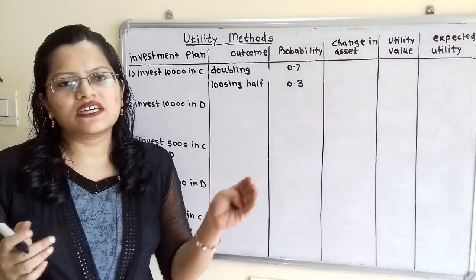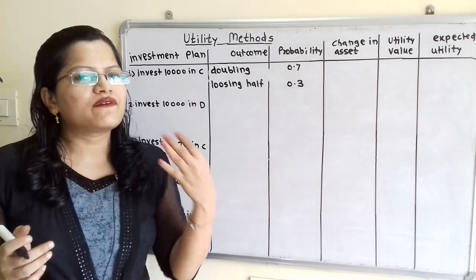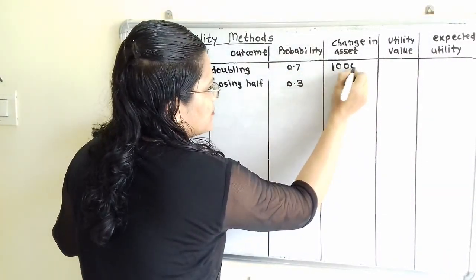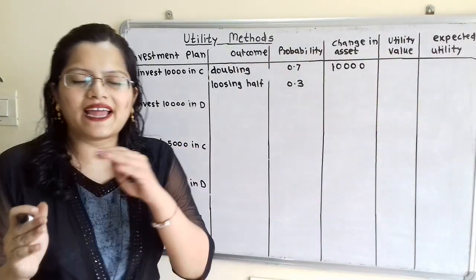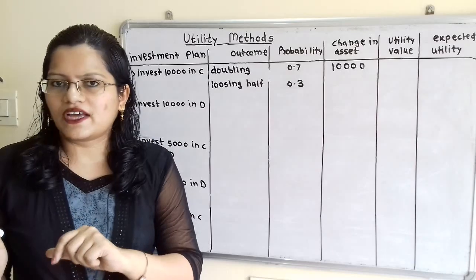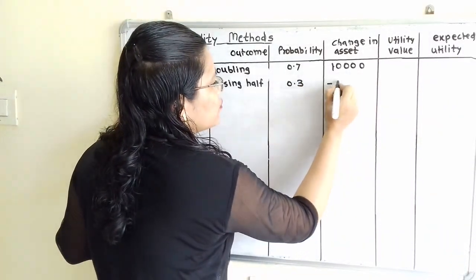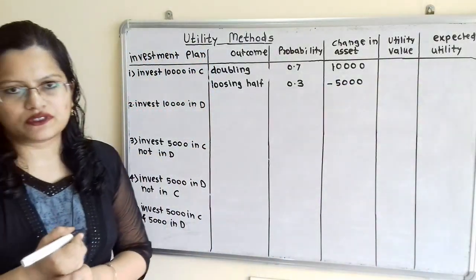That means the 10,000 is already there and we will get an extra 10,000. So the change in asset is 10,000. Then losing half means the change in asset is minus 5,000, because we lose 5,000 rupees. So for losing we will use the minus sign and write minus 5,000.